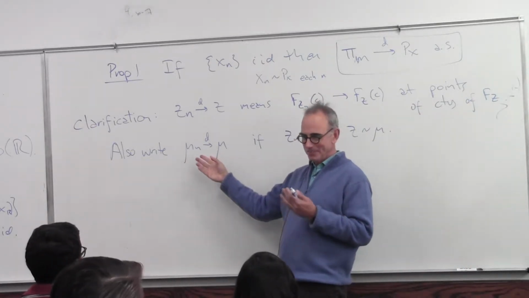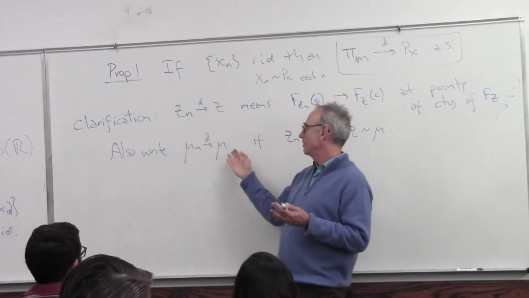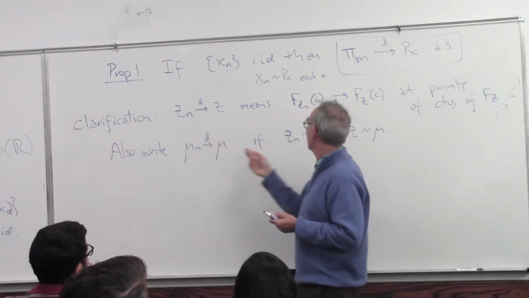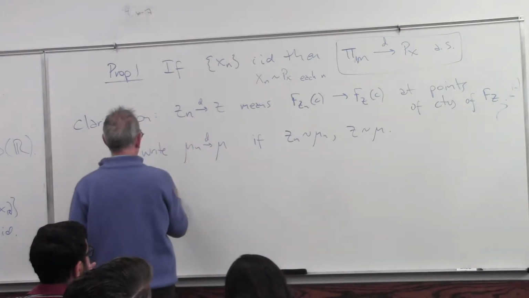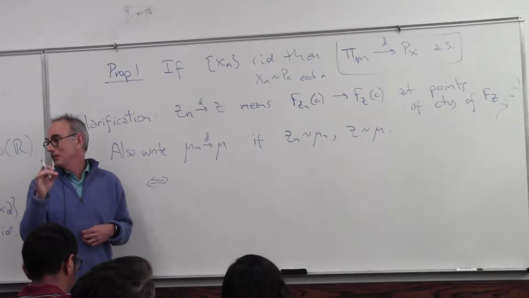I'm just saying the probability measure associated with Cn converges in distribution to mu. It's the same as this, okay? So it means the associated CDFs converge. And that's equivalent, remember, to saying that the integral of bounded continuous functions converges.